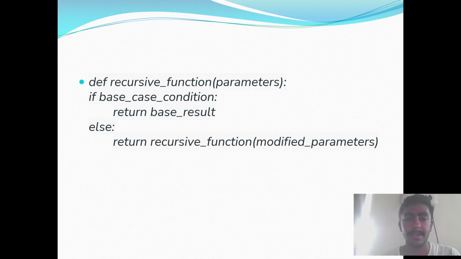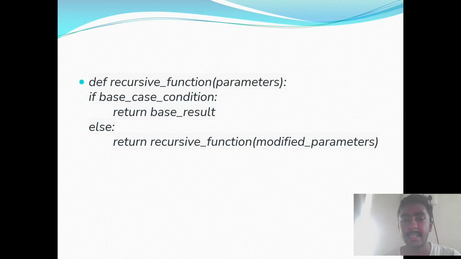So right now, let's summarize what we have learned in recursion. Recursion makes a function call itself. It solves a large problem by breaking it into smaller problems. Every recursive function has two parts, namely the base case and the recursive case. The base case stops recursion.